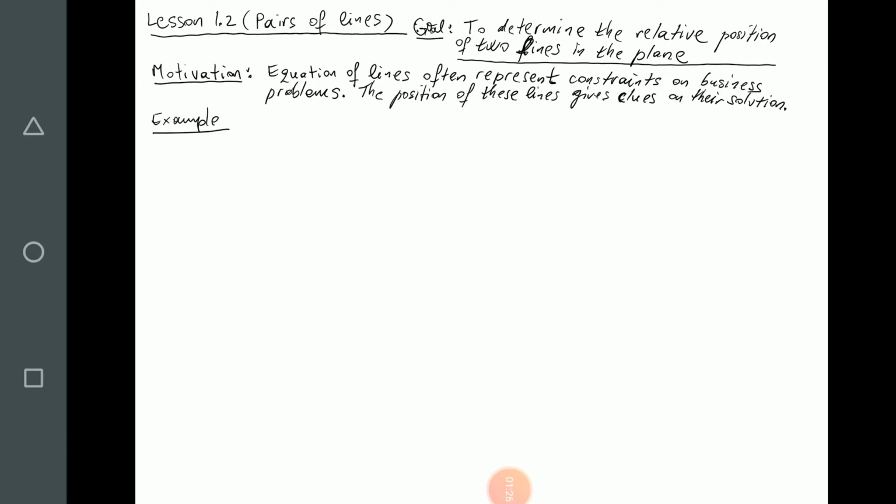Suppose we have a firm, a company that produces two types of items, A and B, let's say.